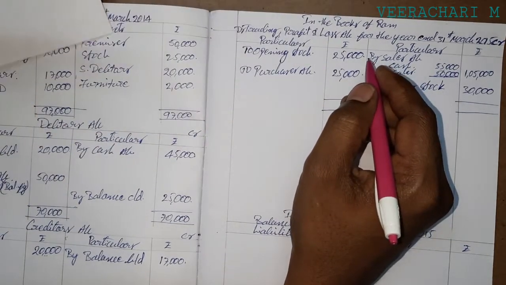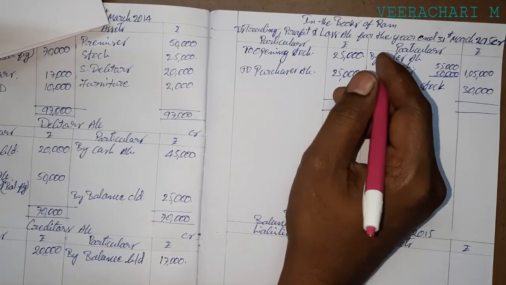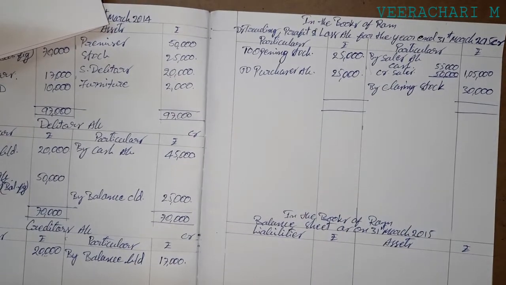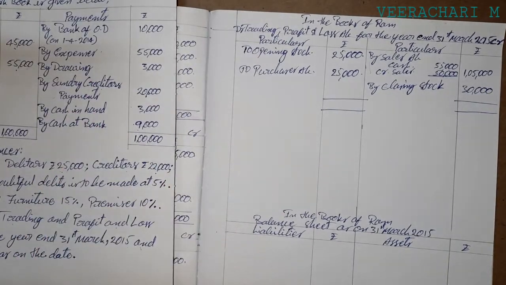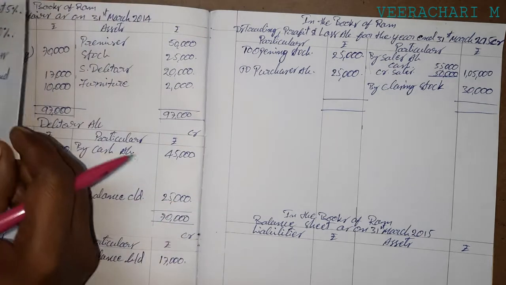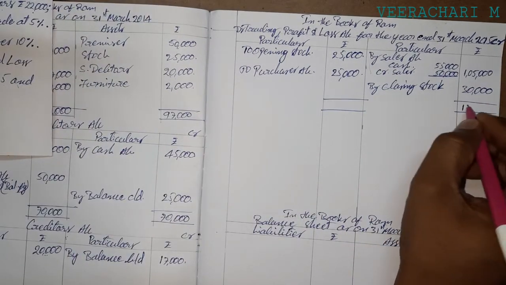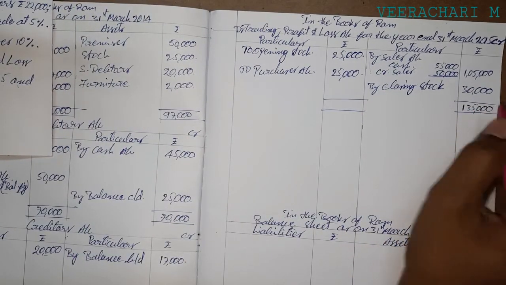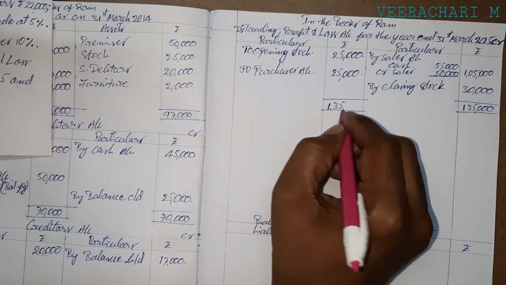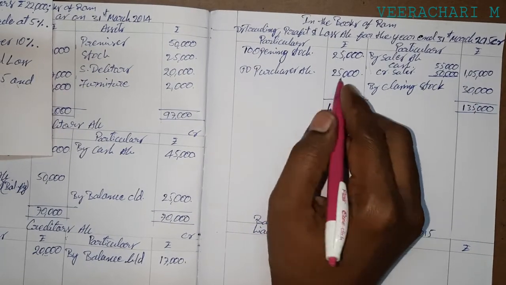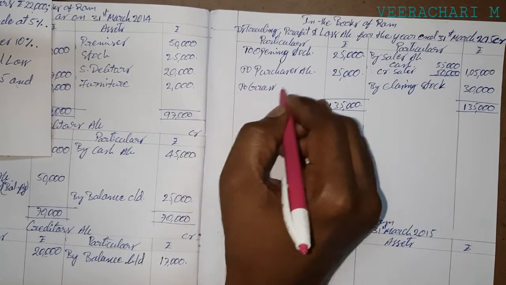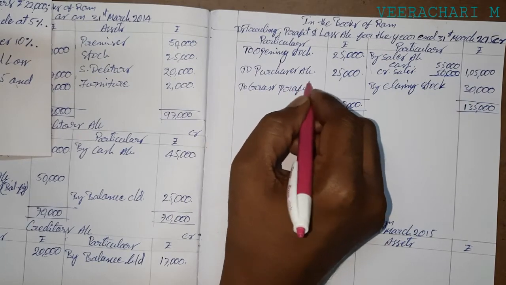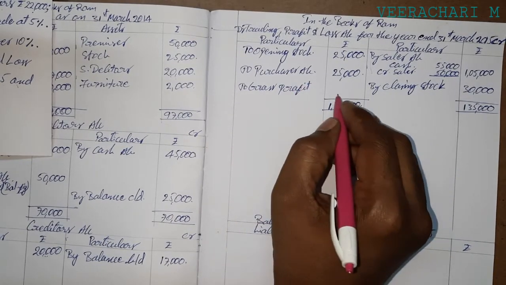Next, whatever the difference amount you can compute, that is only the gross profit. I think there are no other indirect expenses. Then directly we can compute the profit, that is 1,35,000. Debit side also 1,35,000. If you deduct this 50,000, then gross profit is 85,000.